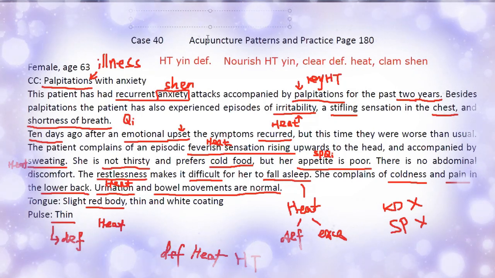They use Huatuo Jiaji points: T4, T5, T9, T11, and T12. On the level of T4, T5, and T9, and T11, and T12.